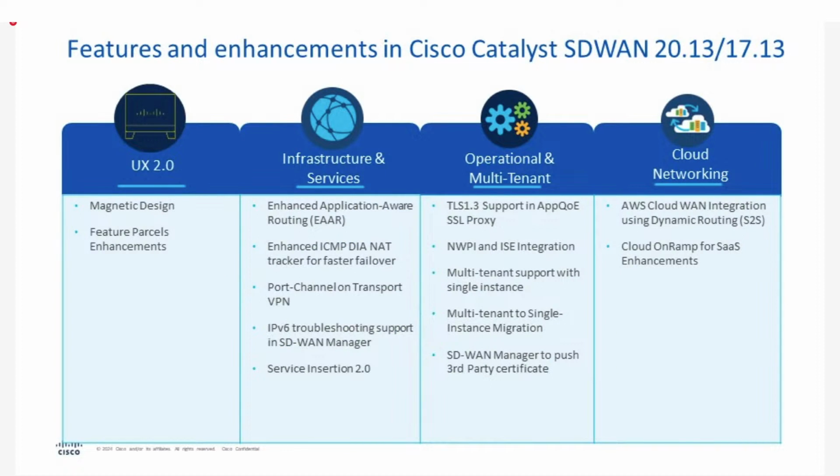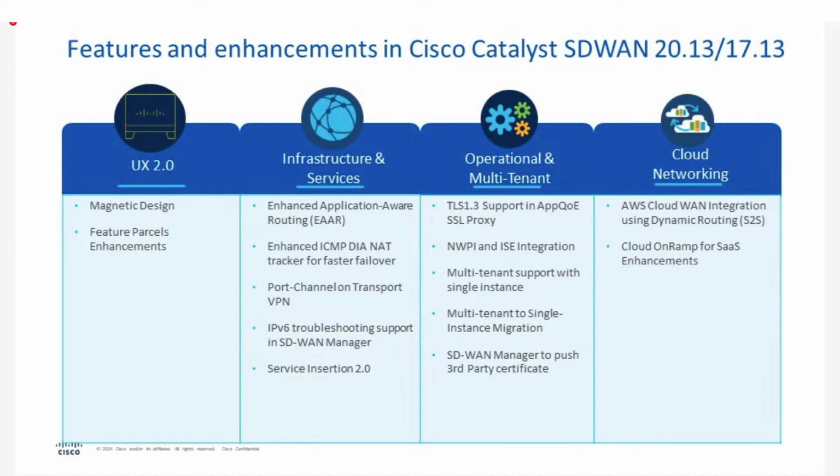Let's have a glance at the features that we will be discussing in today's webinar. You see some of the enhancements under UX 2.0, which are mainly the magnetic design and the feature parcels.